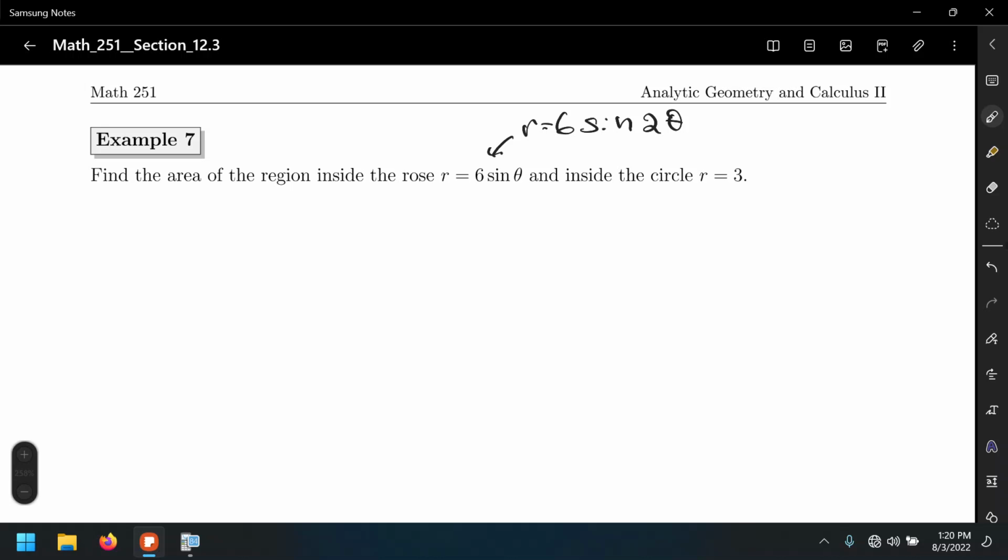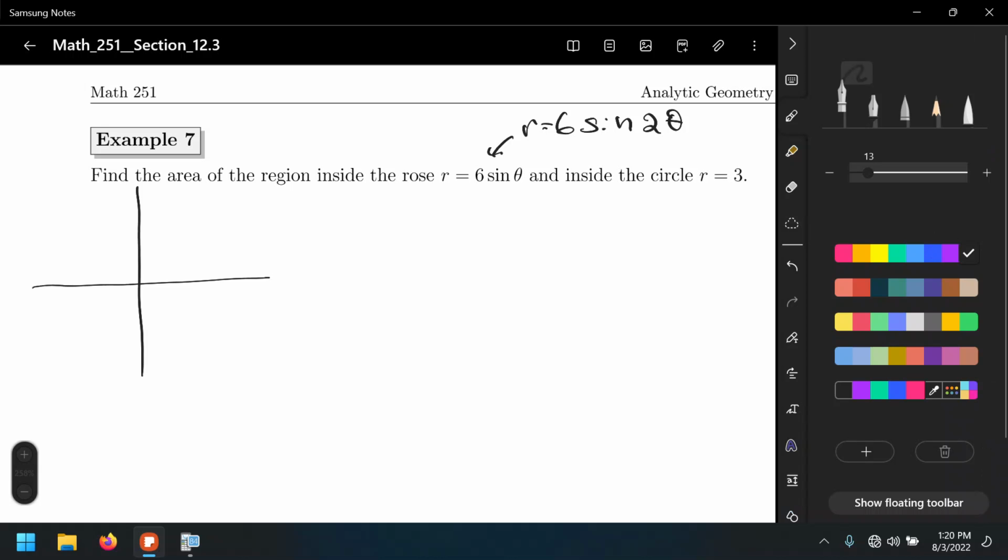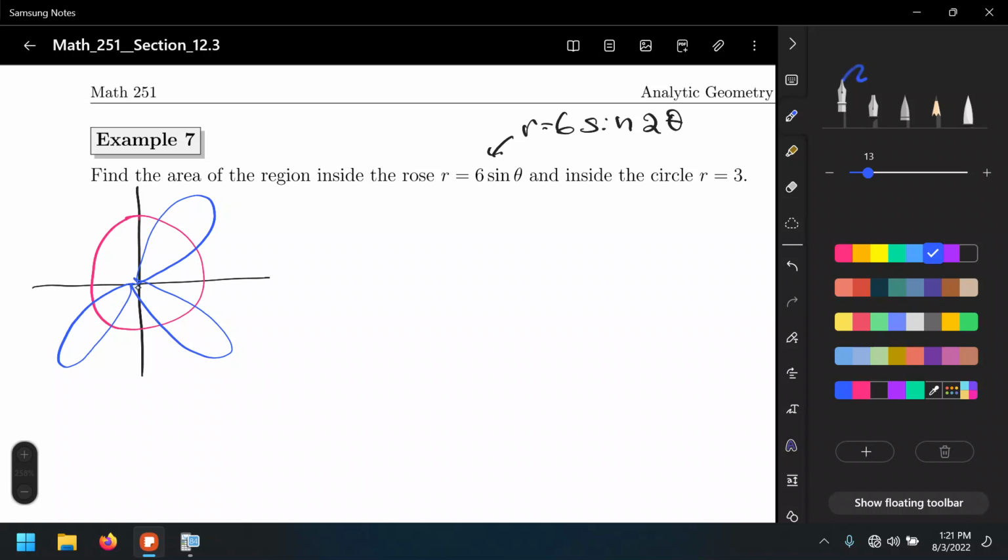Number one, let me do an illustration by hand. We have the circle of radius 3, which looks something like this, and we have the rose that looks like this.